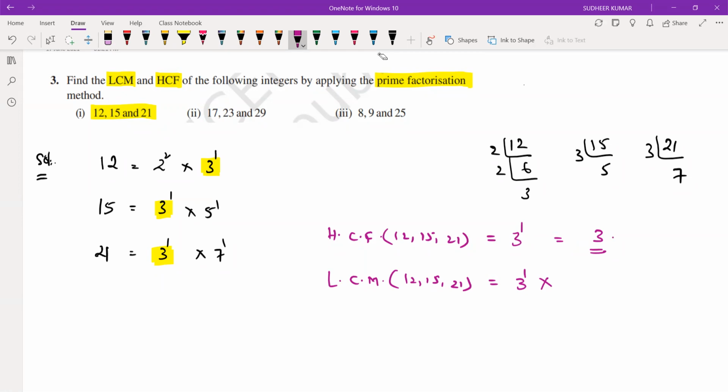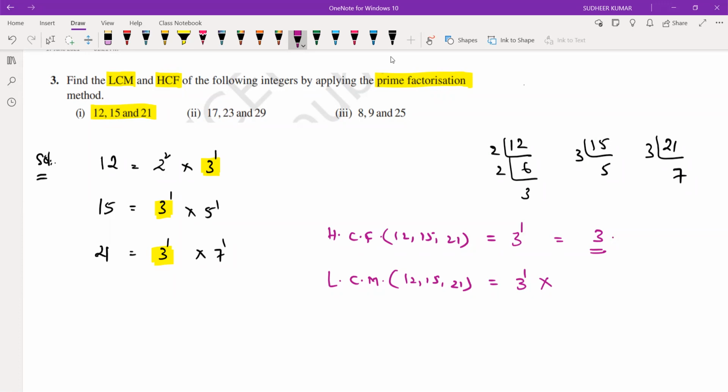Here you should understand that in HCF, all three numbers should have the common base and we take the least power and multiply. When it comes to LCM, take the common base with the highest power, and also any two numbers' common base.